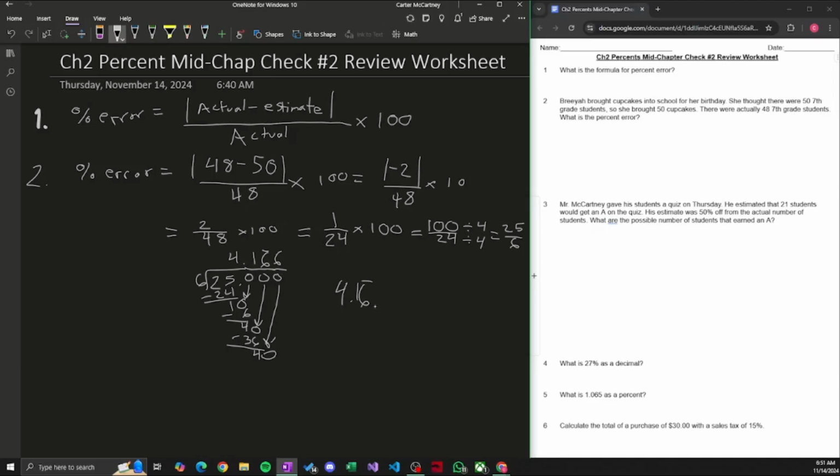Now, this is our percent error, so we're going to include a percent sign after this. So it's 4.16 repeating percent. That is our percent error. Alright, that is number 2.